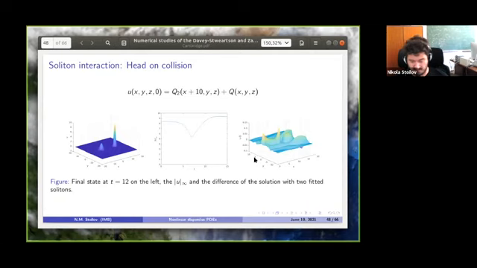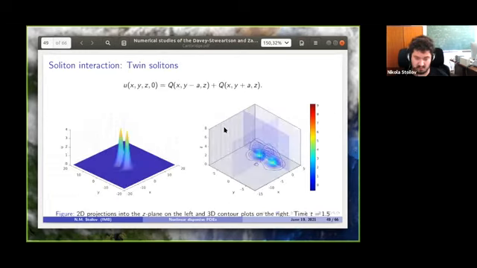So the outgoing soliton is higher and faster and bigger than the incoming soliton. This tracks the infinity norm of the entire solution, which means that it tracks the faster soliton. So this shift shows that the solitons change speed.